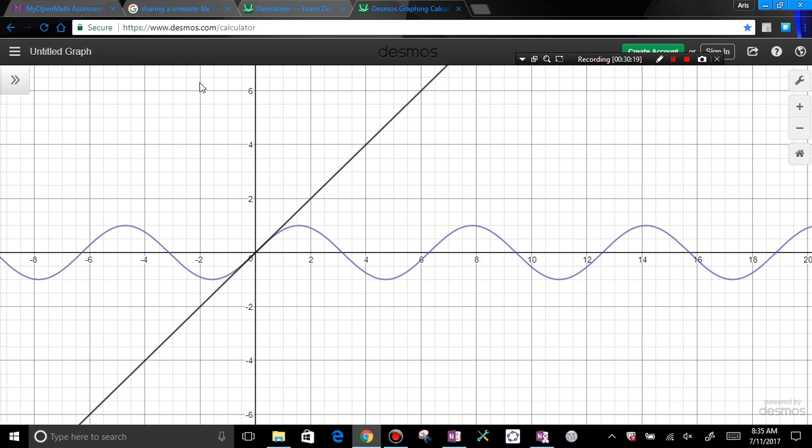I want to make a comment about sine. Wait, is the blue graph sine or cosine? Sine. What's that line here? This is y equals x. It is the tangent line. We'll demonstrate that next week, maybe, that the tangent line to sine at 0 is x.